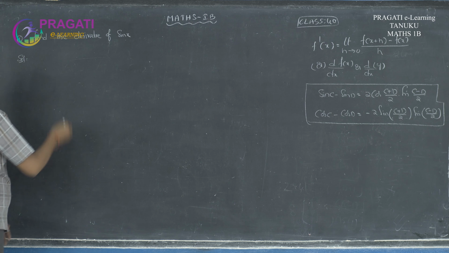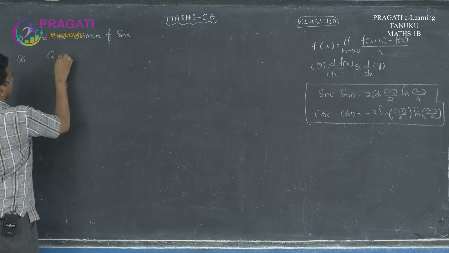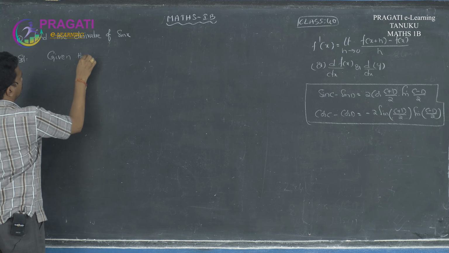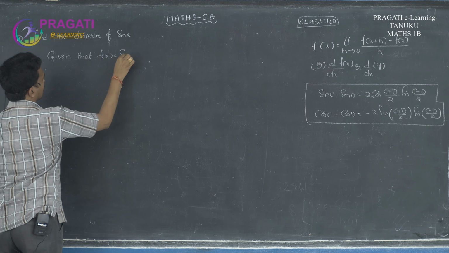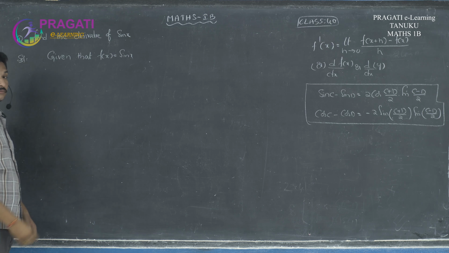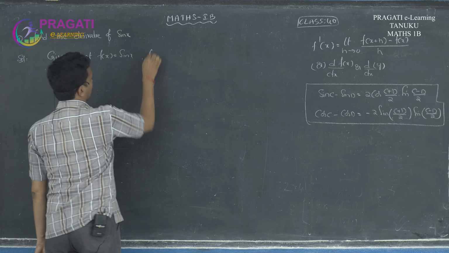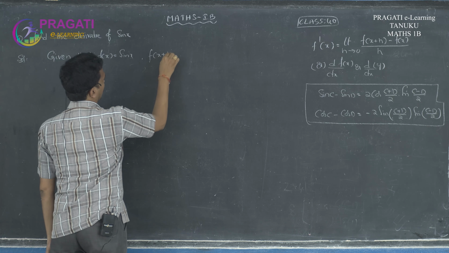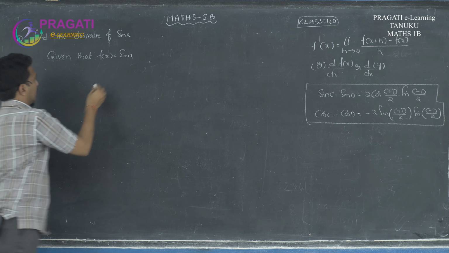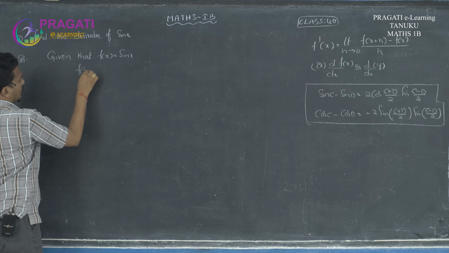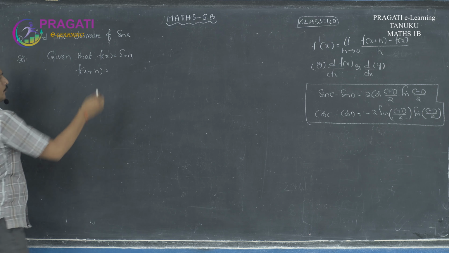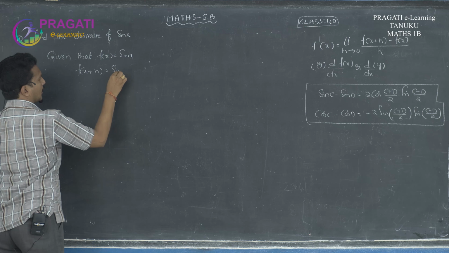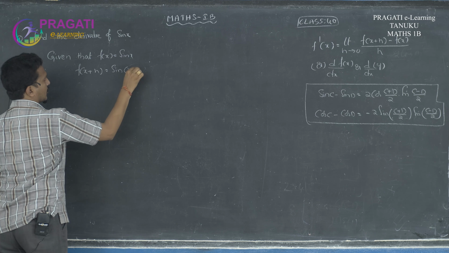Solution. Given that f of x is equal to sin x. To write f of x plus h, here replace x by x plus h, then it is sin of x plus h.